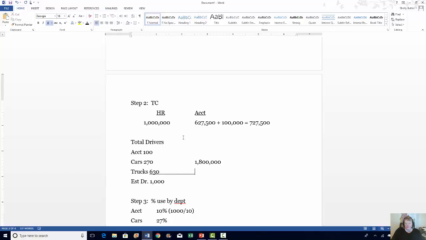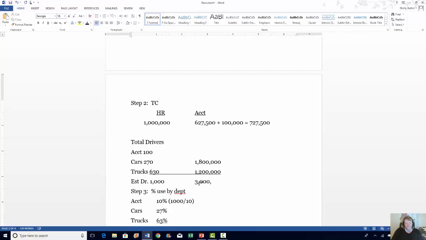I lied. I'm going to take the line because we're going to have 1.2 million here. And so the estimated drivers is 3 million. And we need that to come up with the percentage, right?